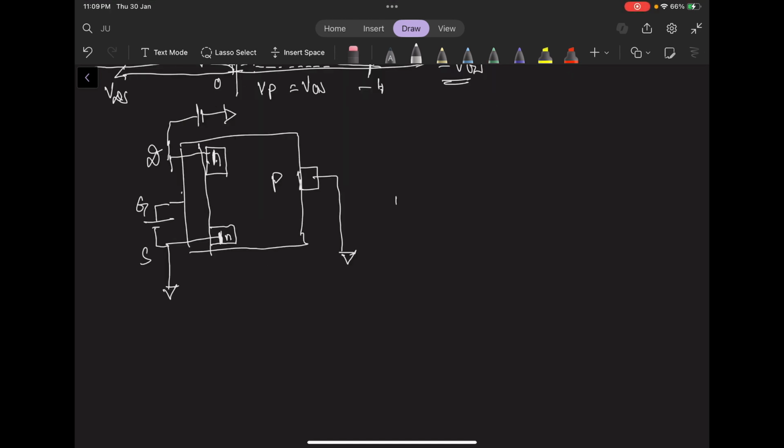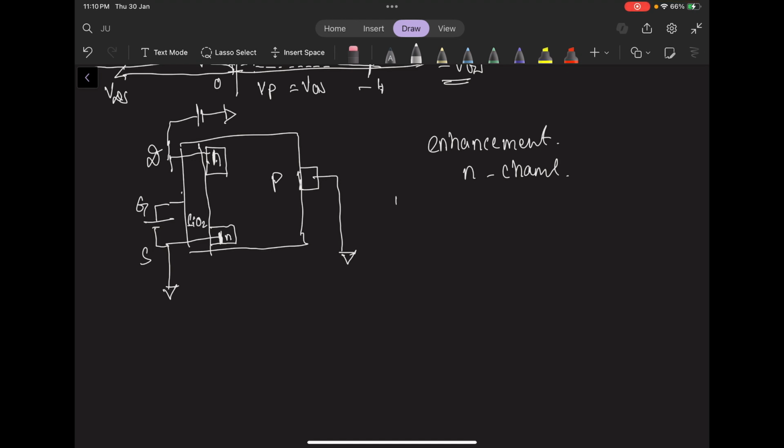So now, the basic working of an enhancement type N channel MOSFET, and we will learn why exactly all of these terms are used. So first, when we give a sufficient VGS, the first thing to note is that nothing will move through this silicon oxide layer.